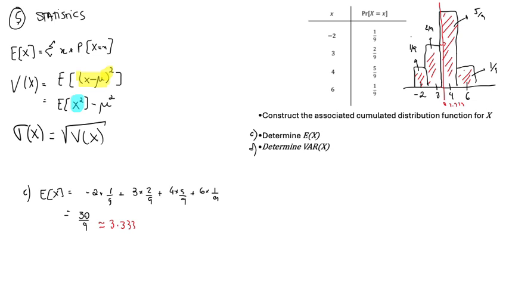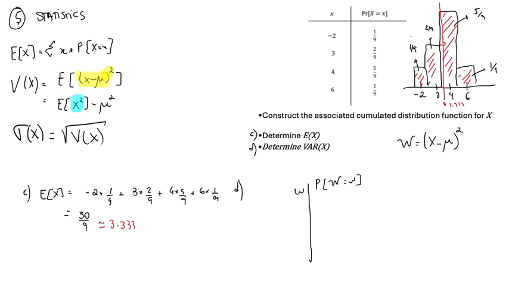So what am I going to do? The variance is the expected value of a new variable, and you could call it capital W if you want. W is (x minus mu) squared. So this new variable that I'm putting in yellow is what I'm calling W, and I have to find the expected value of that.